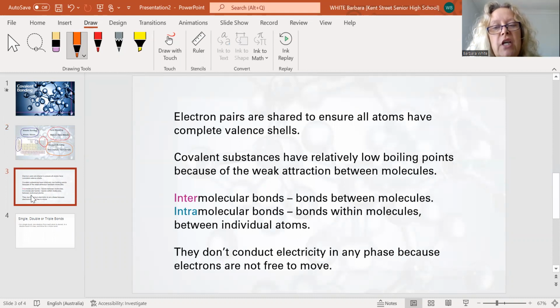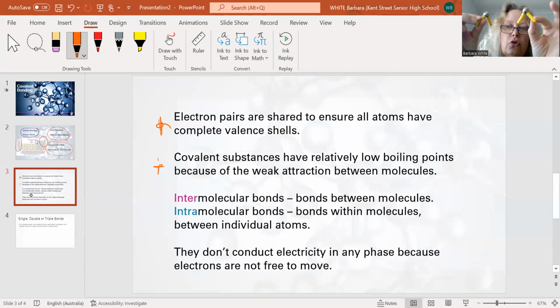The electron pairs are shared so that all atoms have got complete valence shells. Covalent substances have got low boiling points because the attraction between molecules is fairly weak. So don't confuse that with the attractions within a molecule. I've got 2 little carbon dioxide molecules and they're not very well attracted to each other.